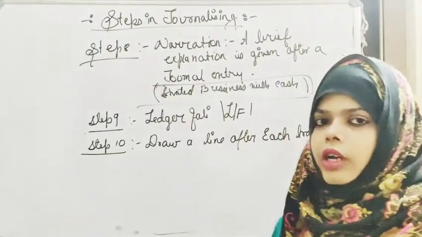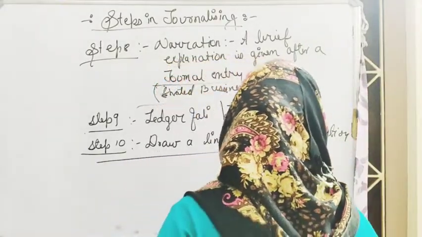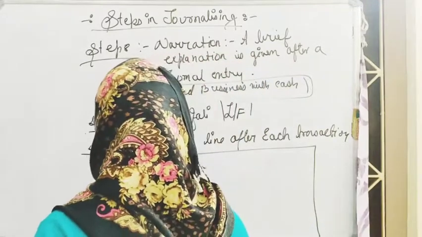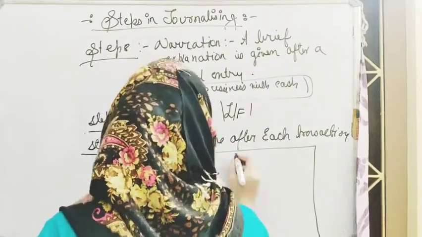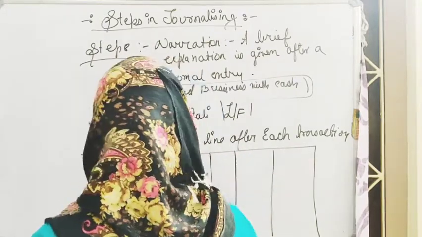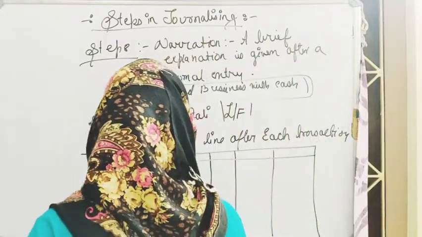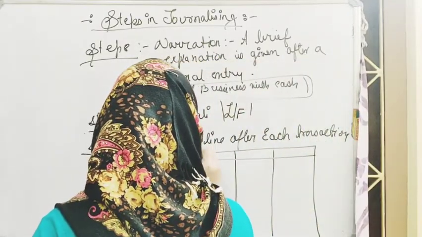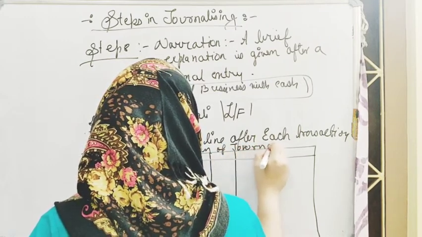So here I am drawing the proper format. How do we draw a specimen? The first column is the date, the second is the particulars, the third is the ledger folio, then the debit column, then the credit column. So here is the specimen of a journal entry.